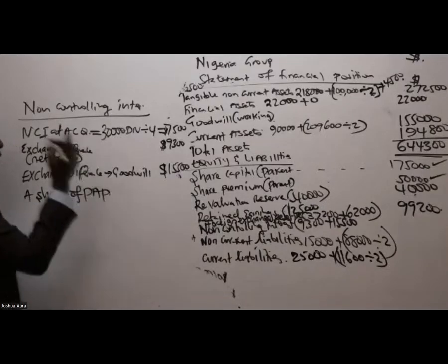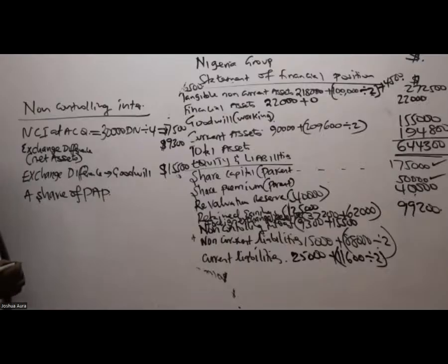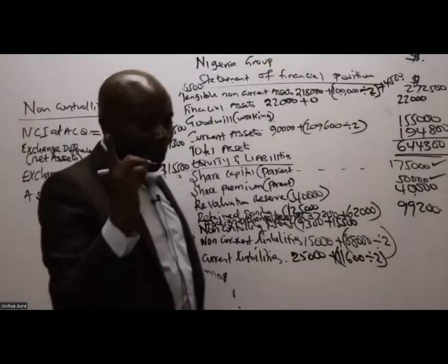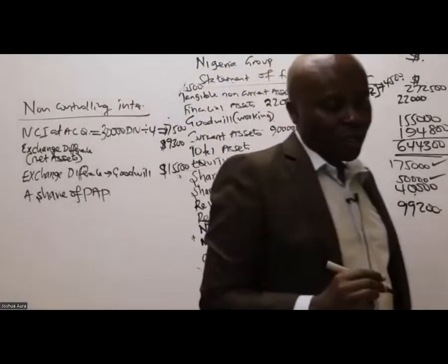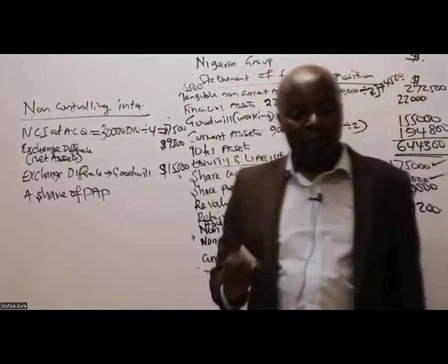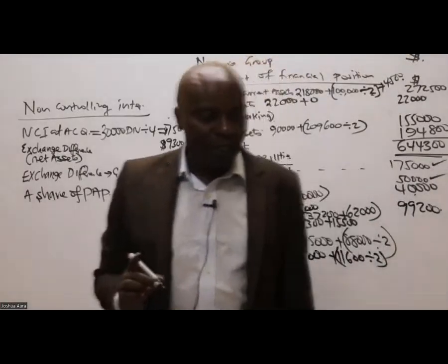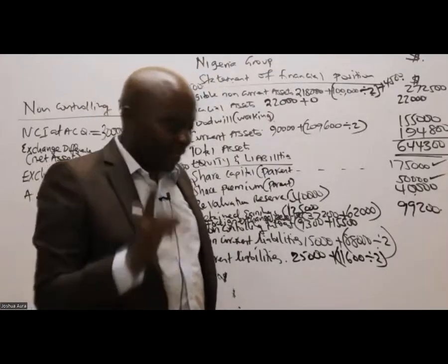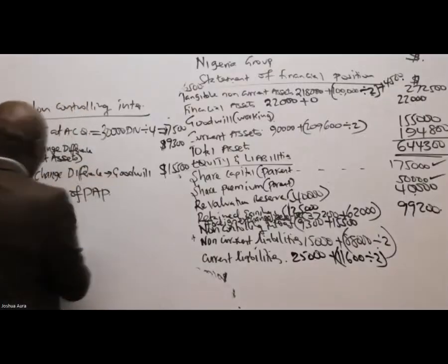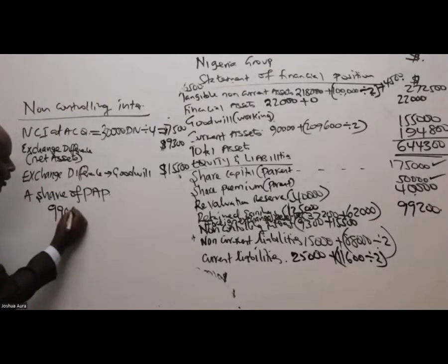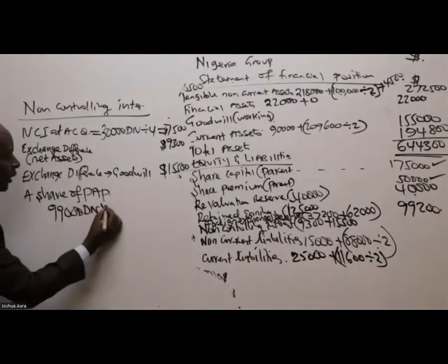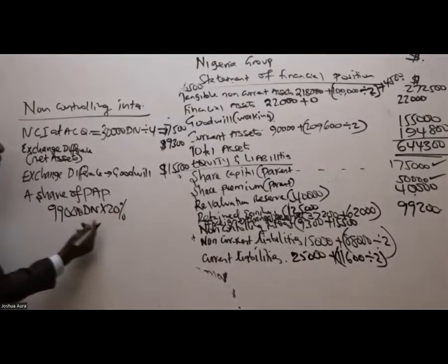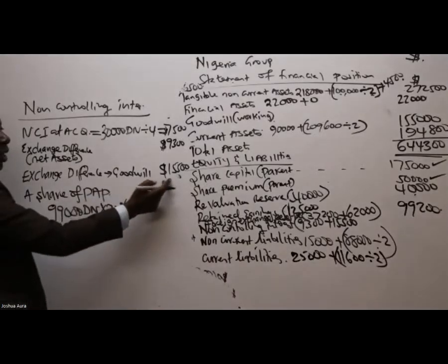Is there anybody who can remember our PARP figure? It was in DNs: 99,000 DNs. We are only giving them their share, but again remember, this has to be retranslated to get into dollars.